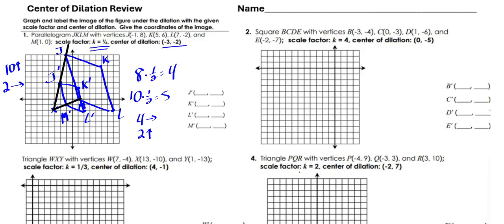So you see, from the center of dilation through J prime through J, center of dilation through M prime and M, center of dilation through K prime and K, and then straight through L prime and L. It will always be that way. It will always form a straight line through your center of dilation and the original pre-image and the image. All right, I'm going to get rid of these lines so I can record these coordinates.